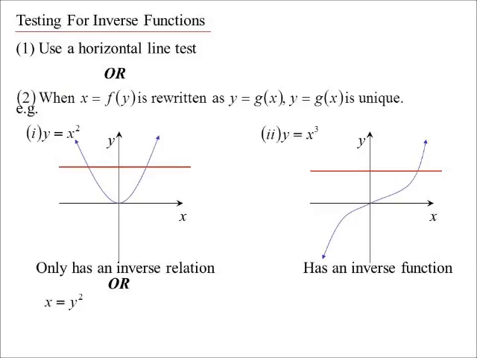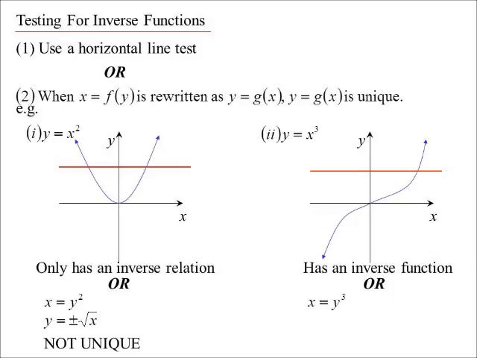Well, if x is y squared, y is plus or minus the square root of x. So there's two possibilities. So it's not an inverse function. Not unique. Whereas our cubic there, x equals y cubed, y is the cube root of x. It is a unique answer. So yes, that one's fine.